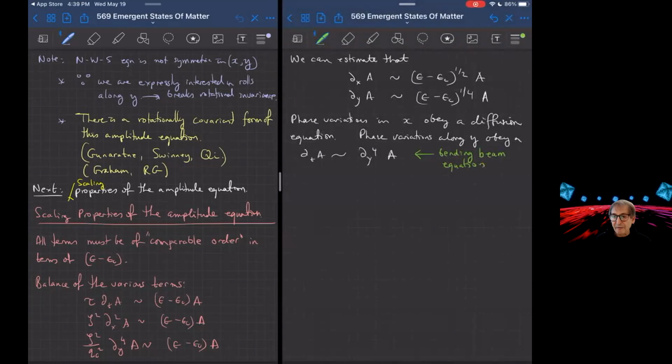So if you have a rigid beam, not a string, but a beam of finite thickness, and try to bend it, because of the way the different elements in that beam interact, instead of obeying a diffusion or harmonic oscillator equation, it obeys an equation with a fourth derivative, and that's exactly what you're seeing here, and that's because the rolls along the y direction have their own emergent stiffness.